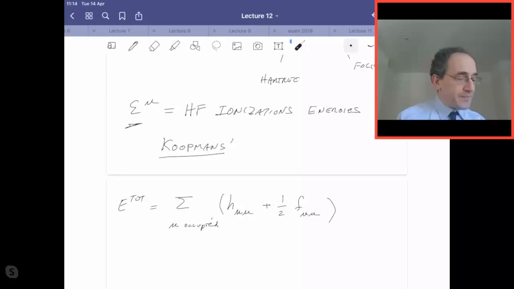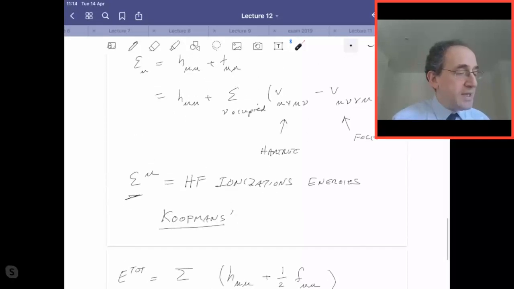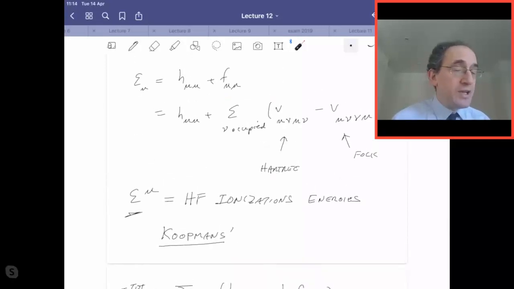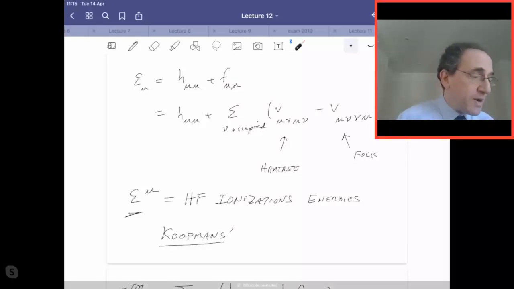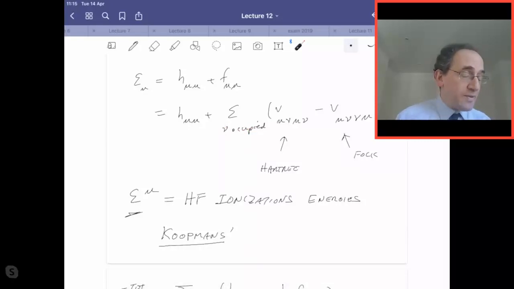The reason being that when you calculate an ionization energy, you're calculating the interaction energy between the particle in orbital mu that you're removing from the system and all of the other particles in the system, all the other orbitals that are filled.